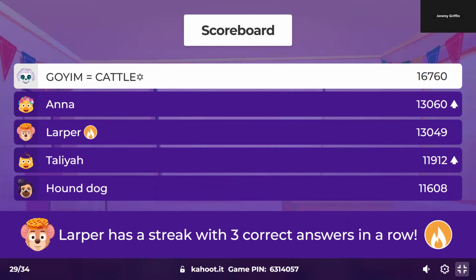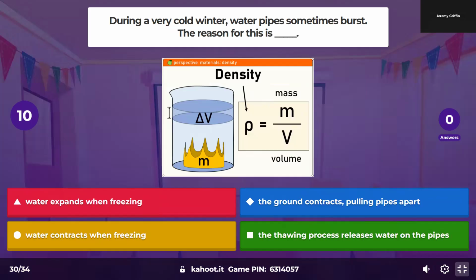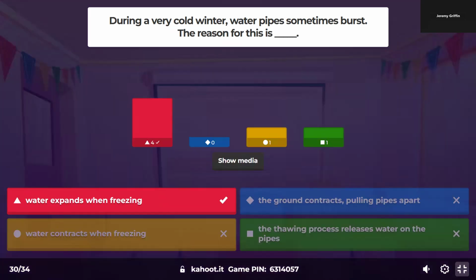During a very cold winter, water pipes sometimes burst. Why? Water expands when it freezes. It's also a weird property of water. Most materials that go from a liquid to a solid state tend to occupy less volume, but water's the opposite.